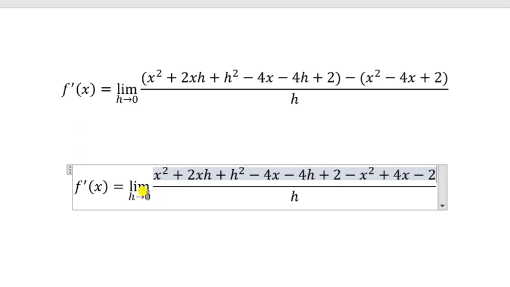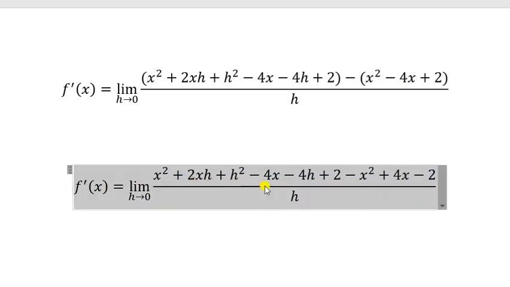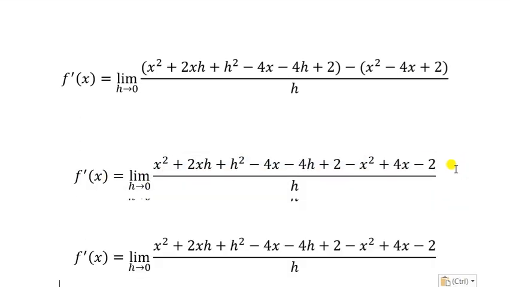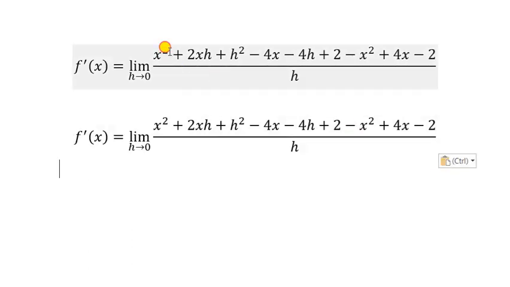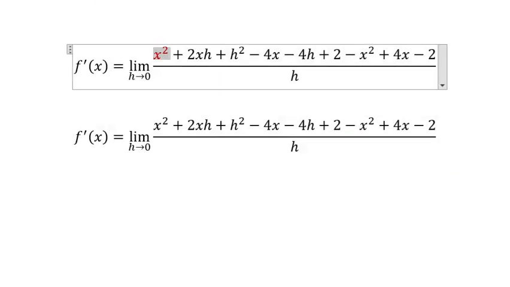So now we can further simplify, right? This x squared we have here can be cancelled with this negative x squared we have here, because x squared minus x squared is 0. So they cancel each other. This minus 4x we have here gets cancelled with this 4x we have here, because 4x minus 4x is 0 as well.